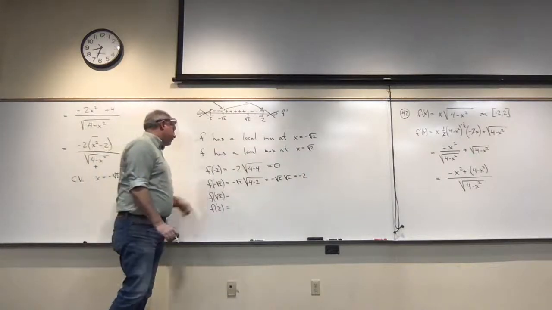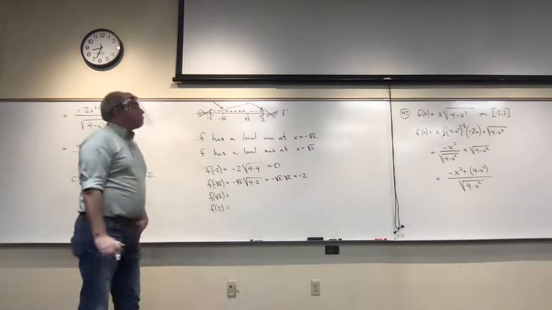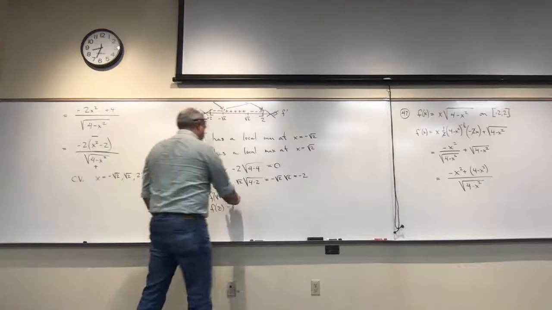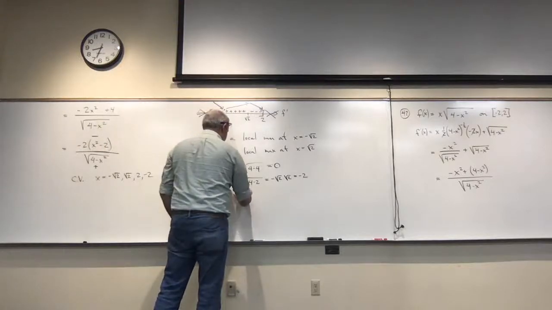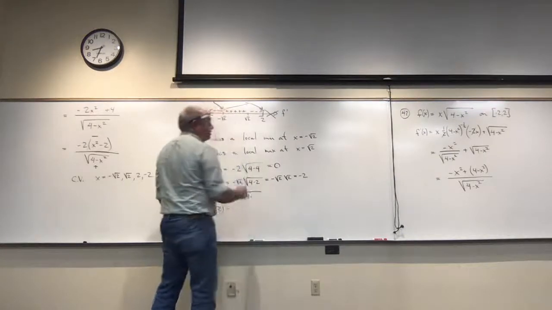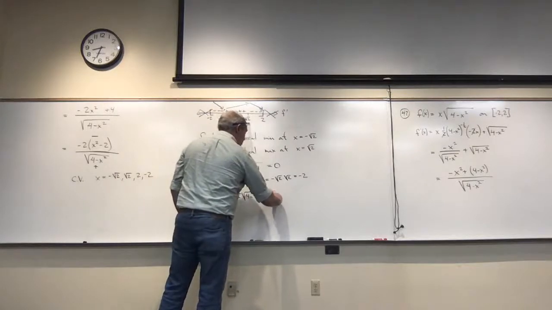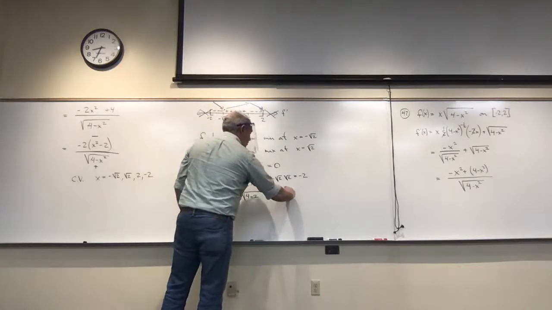Then we have f of the square root of 2, which is the square root of 2 times the square root of 4 minus the square root of 2 squared, which is 2. So this is √2 times √2, which is 2.